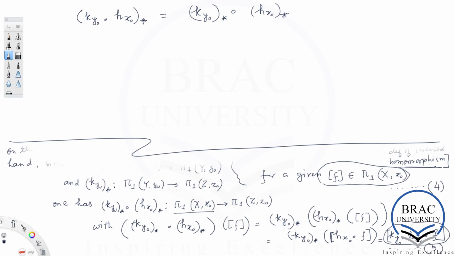Okay, this was one thing. Now for the identity map I sub x0 between these two.